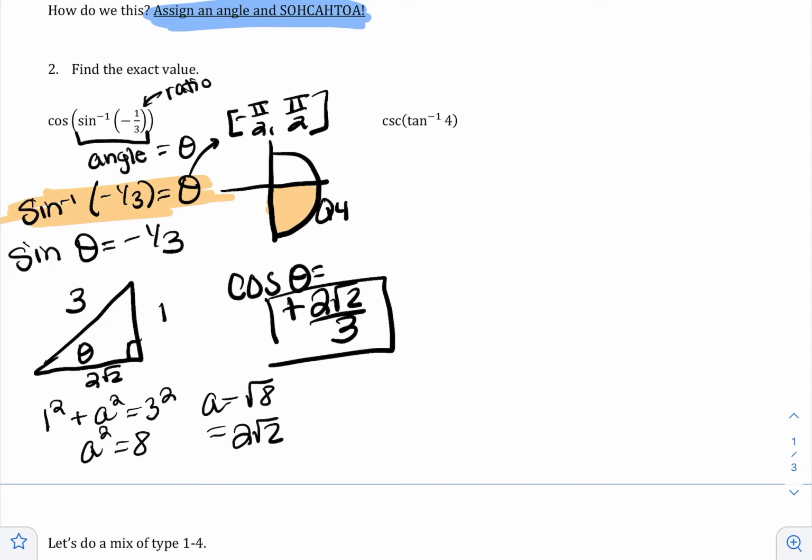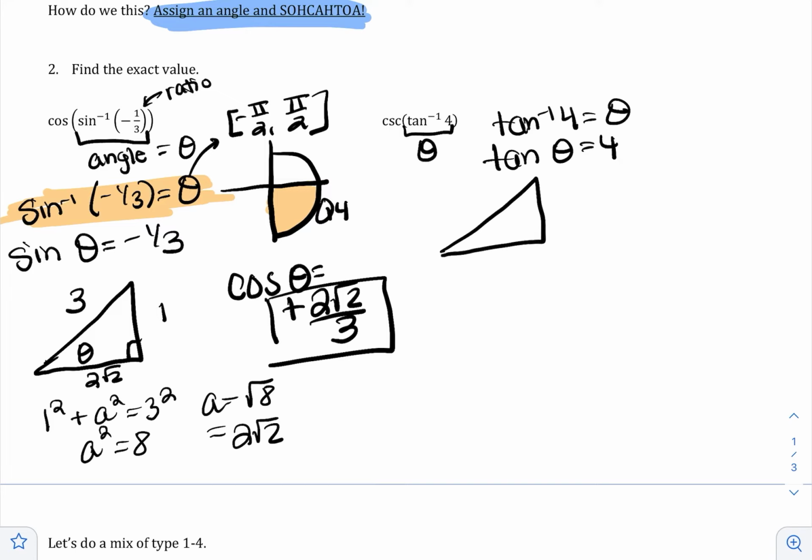So let's try again. I grab the inside, I say theta. So I have the tangent inverse of 4 is equal to theta, which means that the tangent of theta is 4. From this, I can draw a triangle, opposite over adjacent. I have to take a look at what I assigned my angle to because I'm going to be restricted.